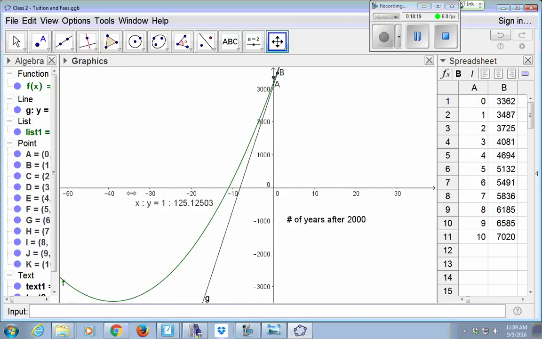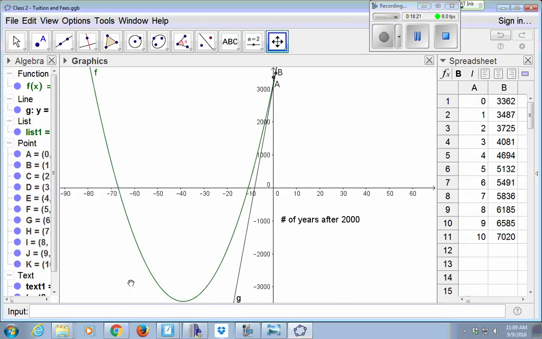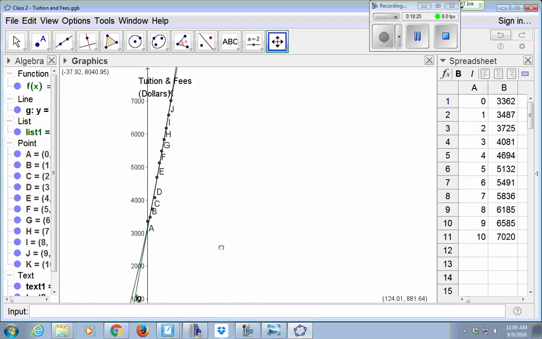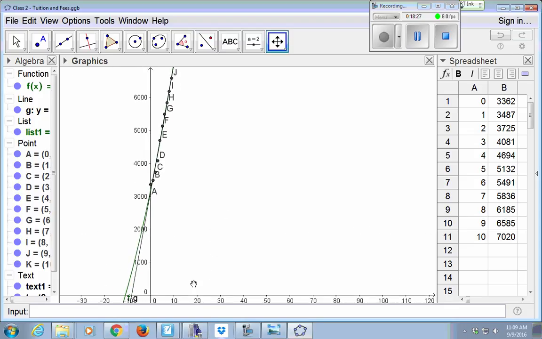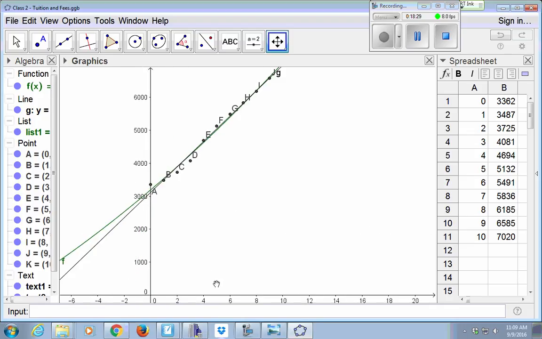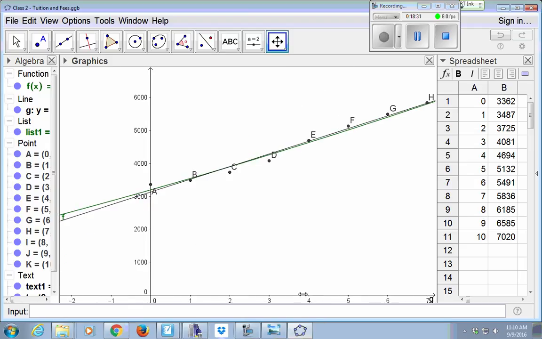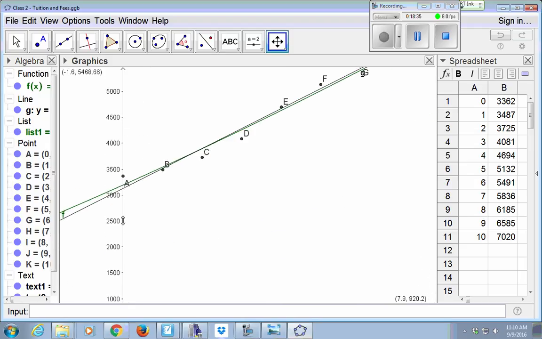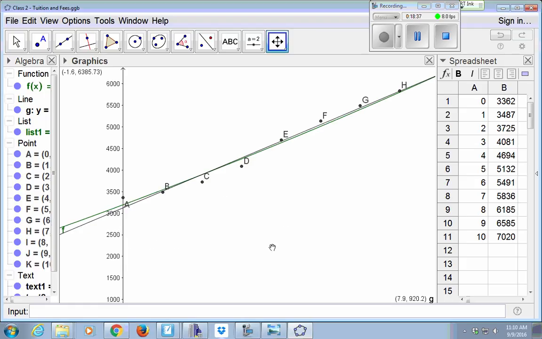The parabola is extending through that data set, and it is actually closer than the line. You can see that by spreading out the scales here, and you can see how the green part of my parabola is closer to all those points than the line. Both of those models are pretty darn good, aren't they? They're really close.